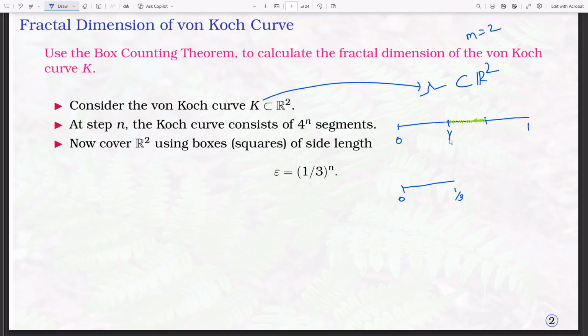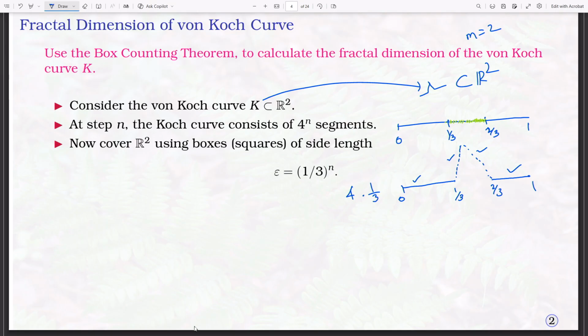This is 1 by 3, this is 2 by 3. After the first iteration, we have 4 line segments, each of length 1 by 3.